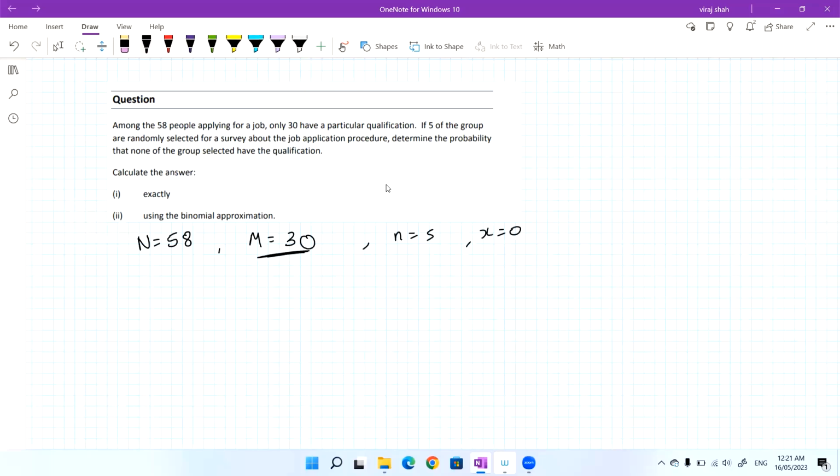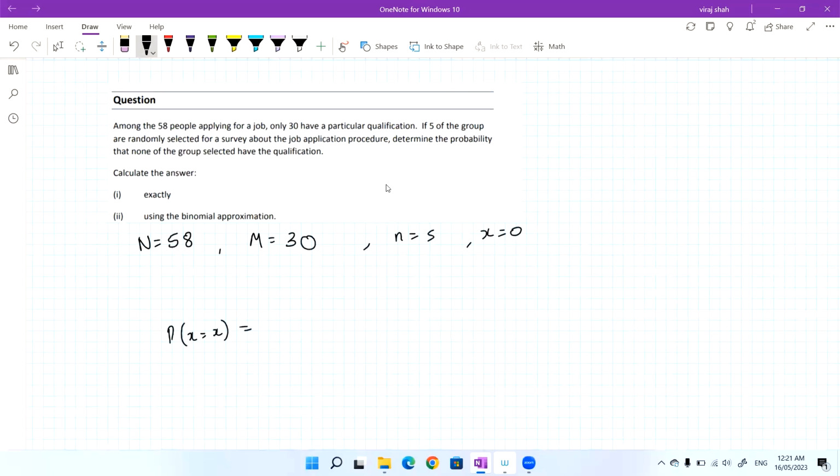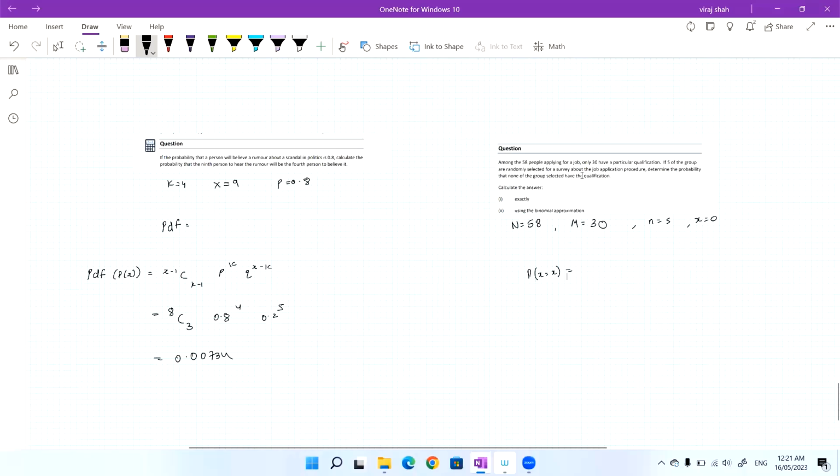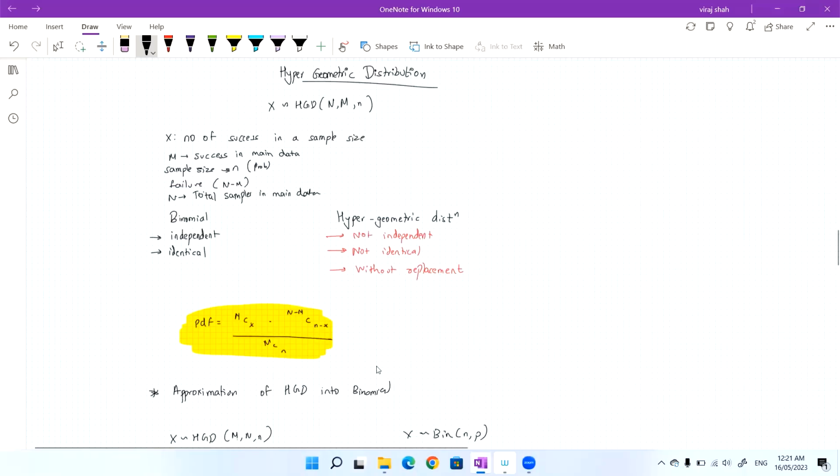Here the number of qualified people is exactly 0. So this can be done using the hypergeometric distribution. Probability P of X equal to x is nothing but, let me copy paste the whole table here.